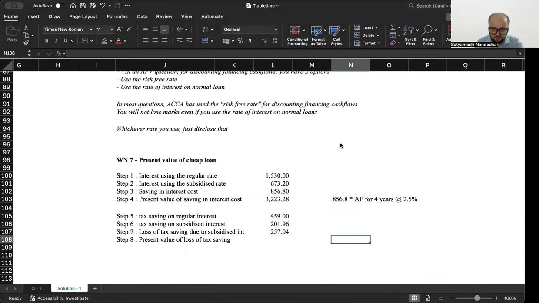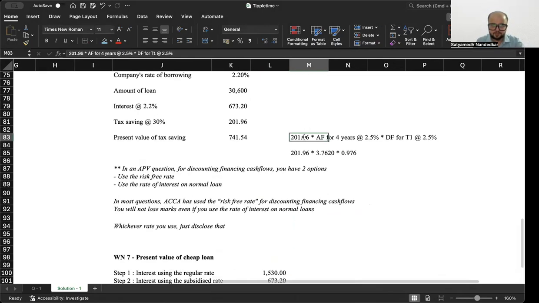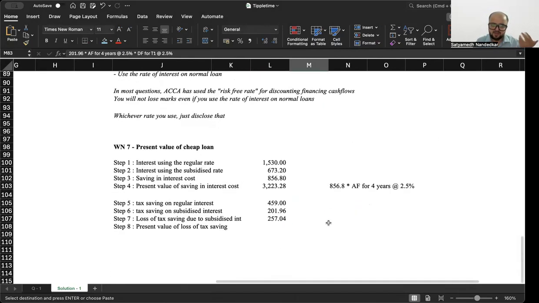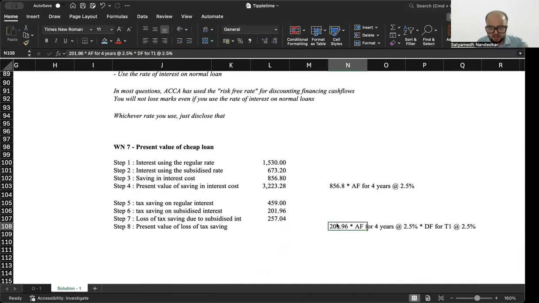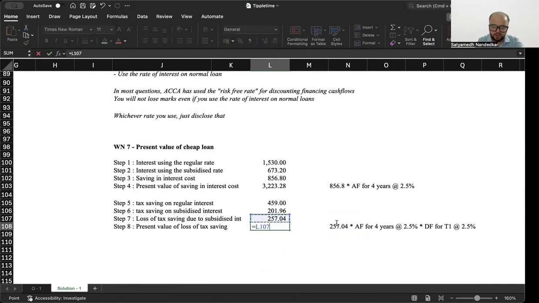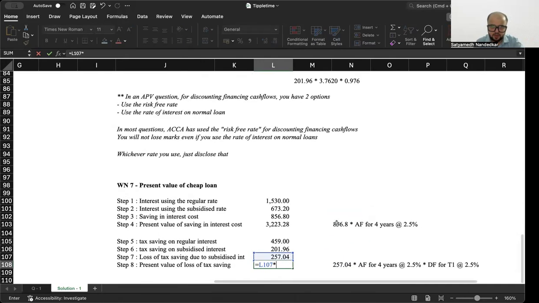And tax saving on subsidized, what is the tax saving lost? 257.04. Here, because tax saving happens 1 year in arrears, 257.04 into 3.762 into 0.976.